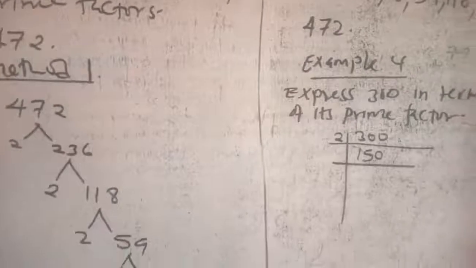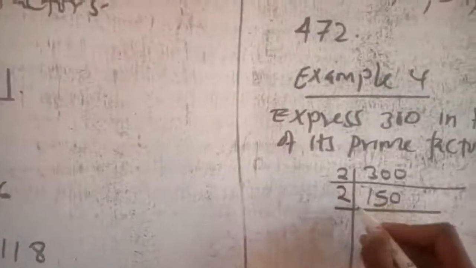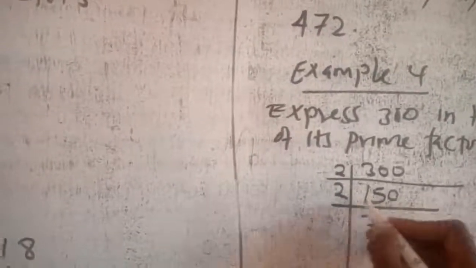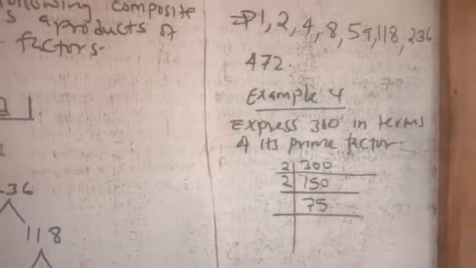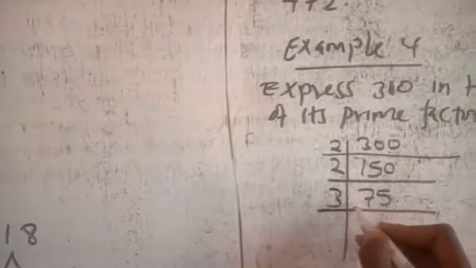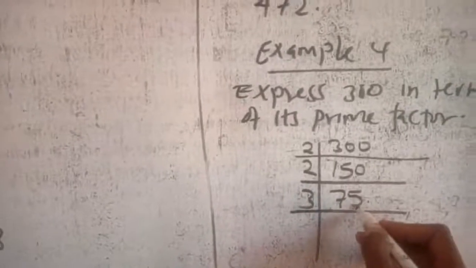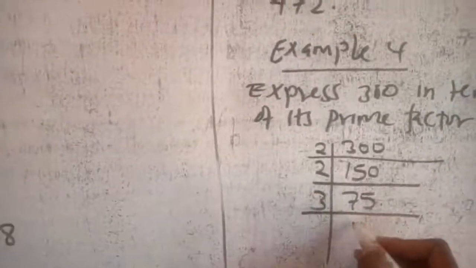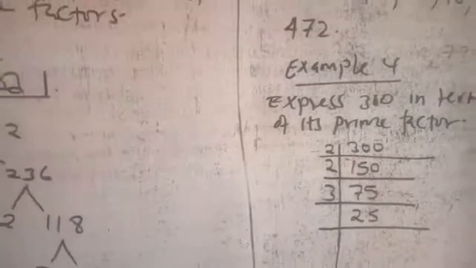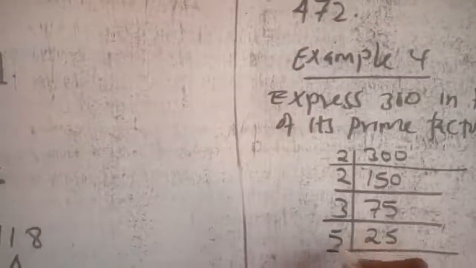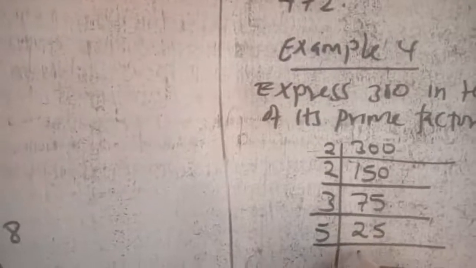Then another factor 2, 150 divided by 2, you get 75. Then another factor that I put there is 3. 75 divided by 3, I will get 25. Then I put 5. 25 divided by 5, you will get 5.